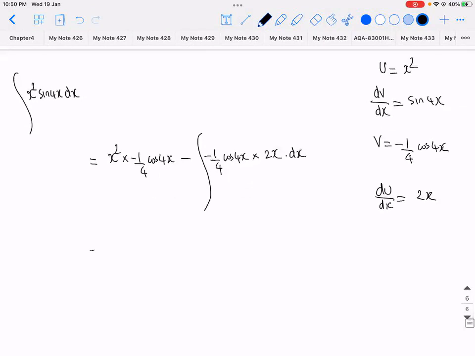So minus minus becomes positive. So it becomes minus x square over 4 cos 4x plus 1 by 4 integral of 2, which is a constant, times x cos 4x dx.